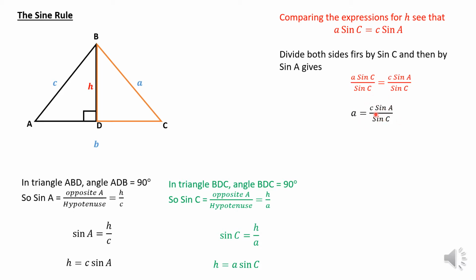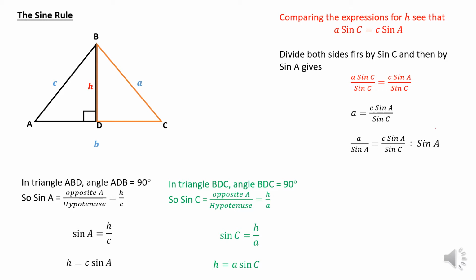So I'm left with C sin A over sin C. Now I'm going to divide by sin A. So when I divide both sides by sin A, I have A over sin A, and I have C sin A over C. When you are dividing by sin A, it's the same as multiplying by its reciprocal.